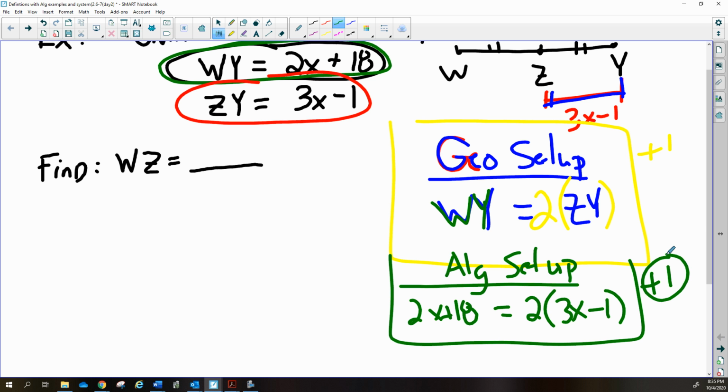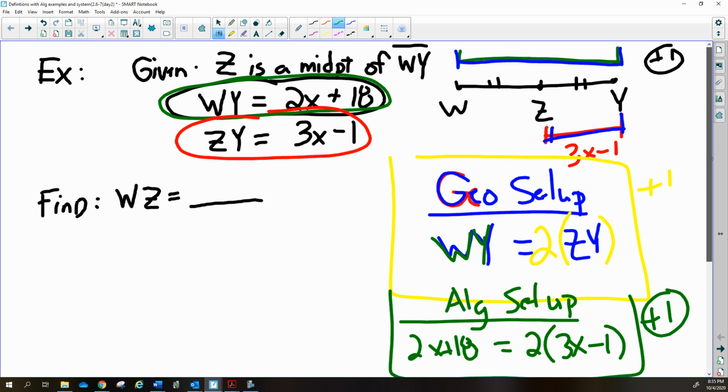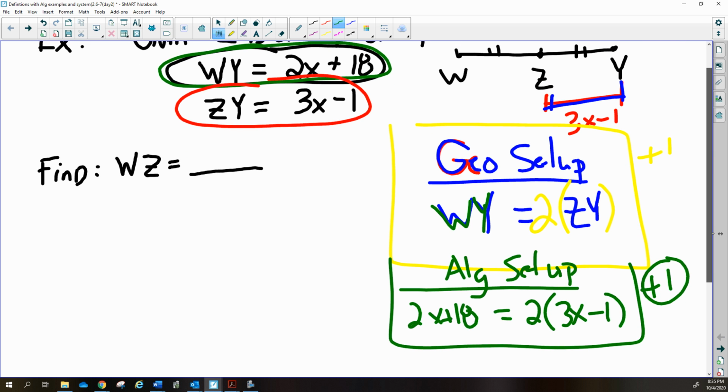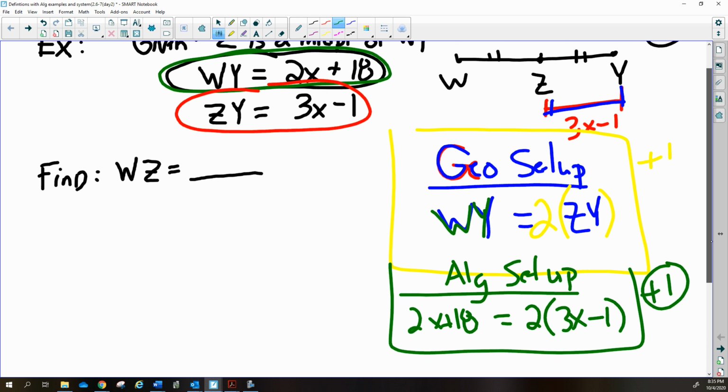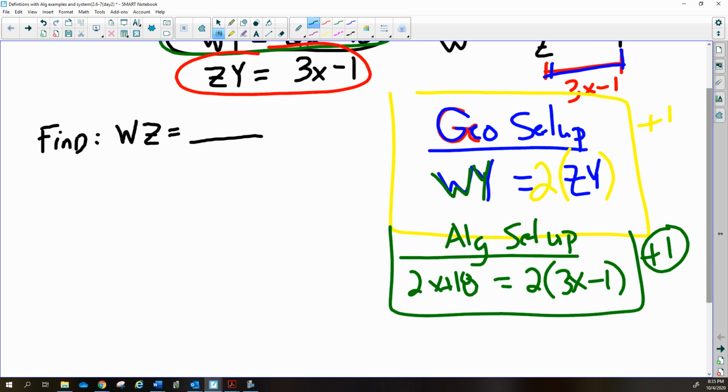So you're going to have three parts here. One, you're going to draw yourself a picture. Two, you're going to have a geometry setup. And three, you're going to plug in the algebra into whatever we have for geometry. And then from there, we go about solving.